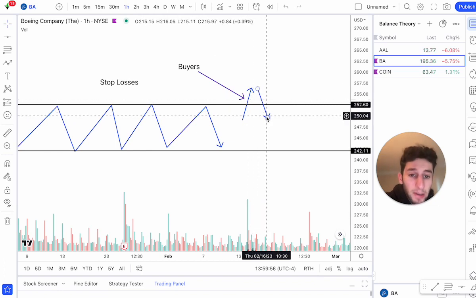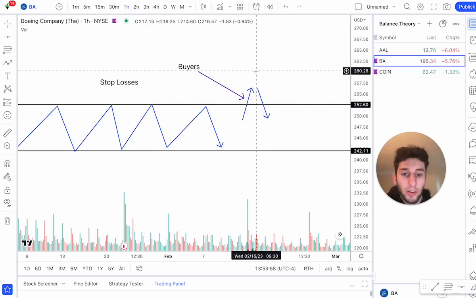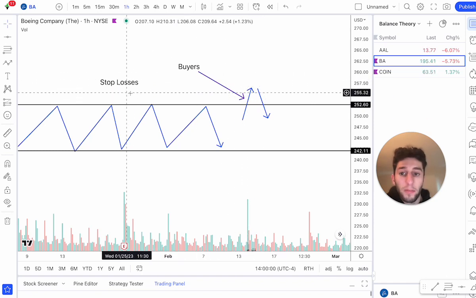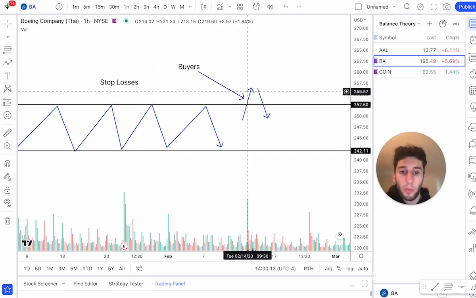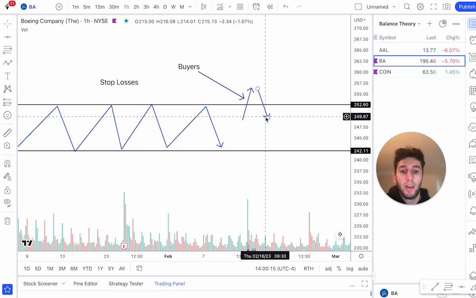If we see that immediate reversal, we know there were institutions shorting into all of the stop losses being hit. When you're short and you need to cover, you have to buy to cover your stop loss, and when you buy, somebody else needs to sell. So when somebody is selling a bunch of shares all the way up here and price immediately reverses, you have an institutional seller up here.